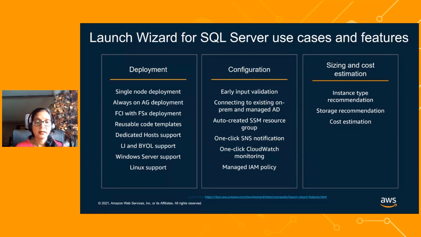Launch Wizard recommends the appropriate AWS resources, including EC2 instance type, EBS storage volume types, to match your application requirement and presents you with a cost estimate. You have the ability to modify the recommended resource selection and get an updated cost assessment. Launch Wizard is available to you at no additional cost. You only pay for the AWS resources that are provisioned for running your solution.